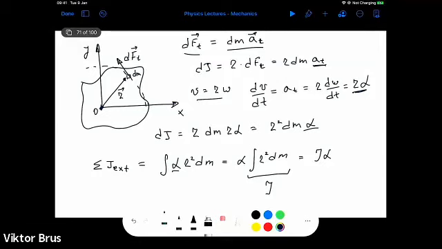So this is a kind of second law of motion written for rotation of a rigid body, because we know that resultant force is equal to mass times linear acceleration. And here we can write that resultant torque is equal to moment of inertia times angular acceleration. So again, we have this analogy between translational and rotational motions, but we use just different terms to have the same forms of these equations.